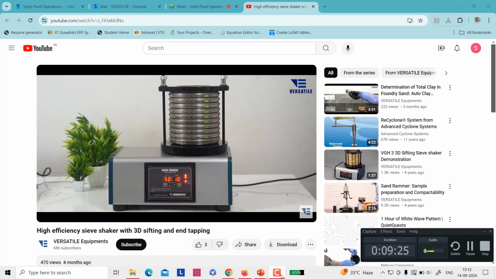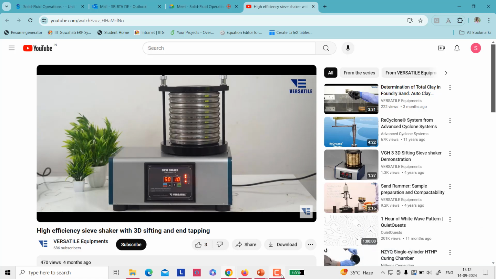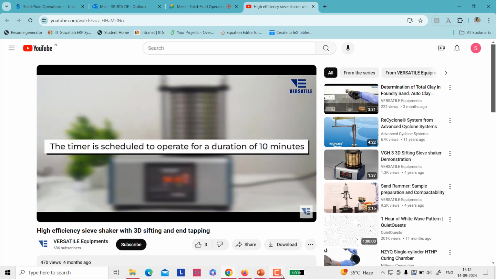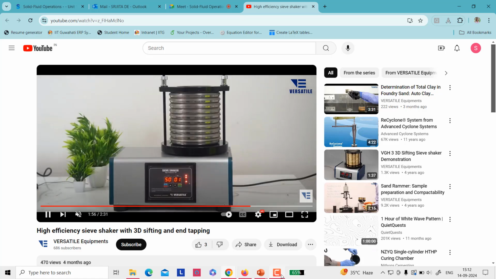Now when they are using sand, you will see what is happening here. Here the sand particle size is much smaller than the mesh openings. This will operate for a duration of 10 minutes.